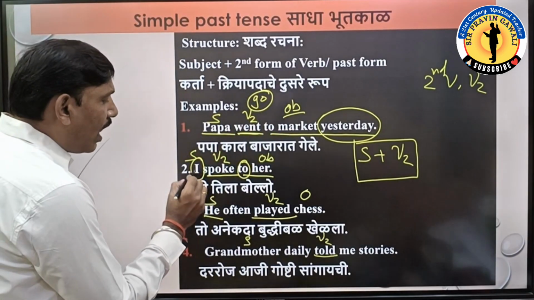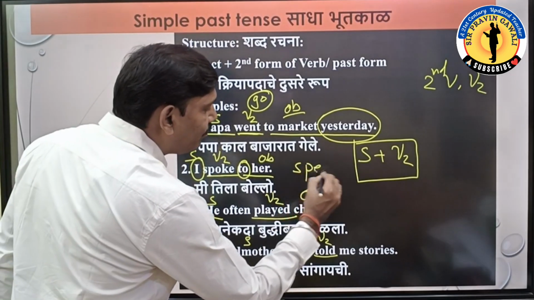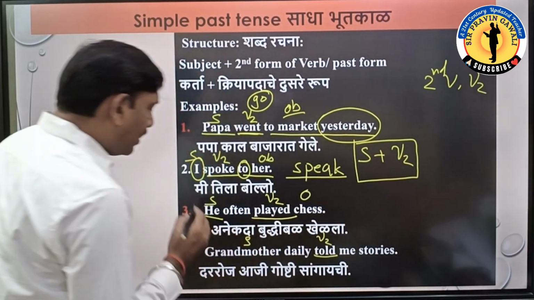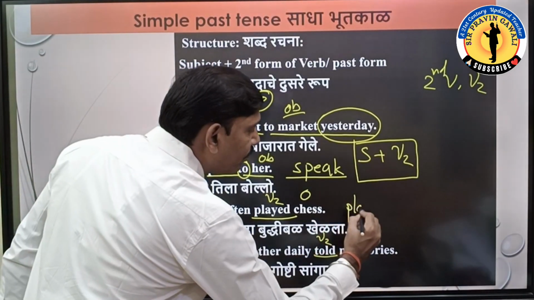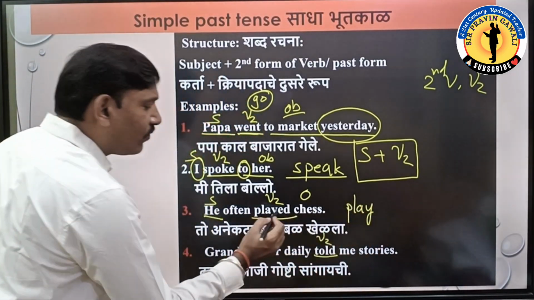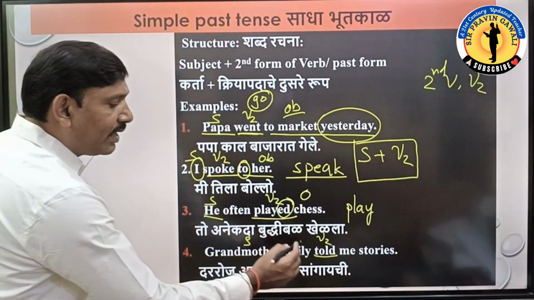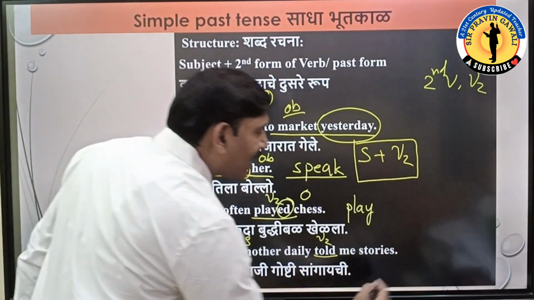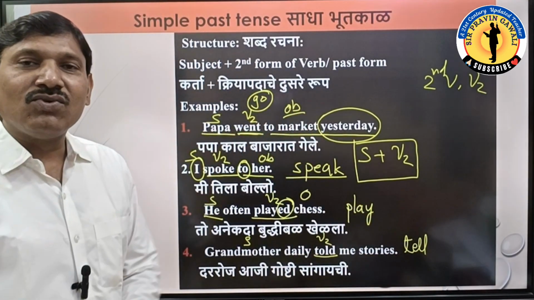I spoke to her. Spoke is the second form of speak. He often played chess. Played is the second form of play, so here the past form is formed by adding ed to it. Grandmother daily told. Told is the second form or past form of tell. This is also excellent. Have you understood, students?